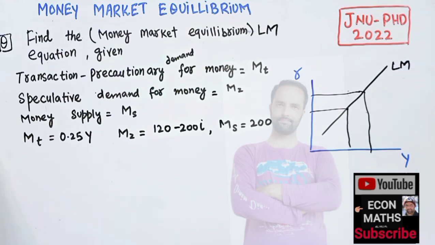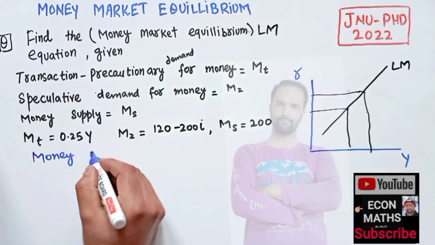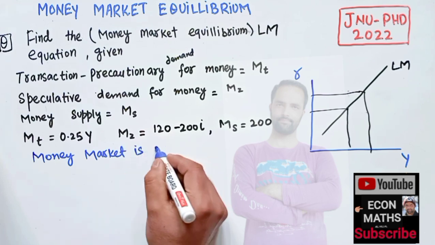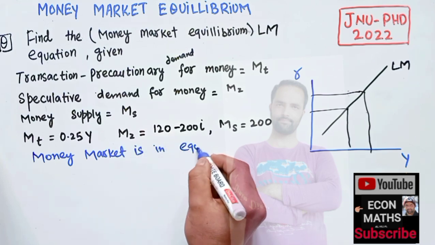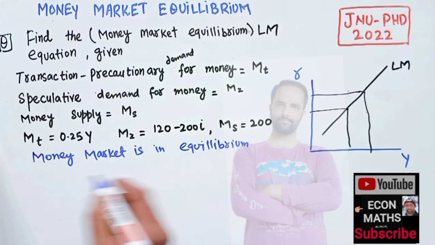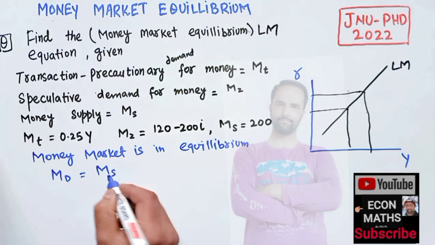And let me write it here. Money market is in equilibrium when demand for money is equal to supply of money.